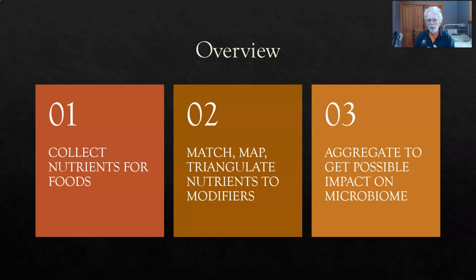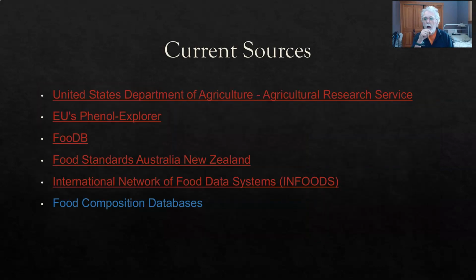Pasta could fall into that classification. So we could say, okay, let's take a high carbohydrate diet, let's take a high starch diet and put the two of them together as a triangulation of what pasta will be doing. The first step is we aggregate all of this together to see the possible impact on the microbiome. So let's go on to the next step.